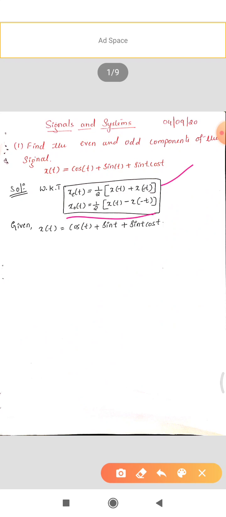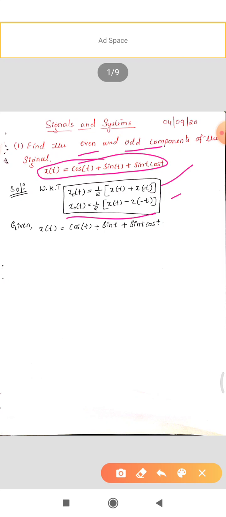And then xo of t, that is the odd part of the signal, can be calculated by half x of t minus x of minus t. So we need to calculate the even part and odd part, or component, of this signal.